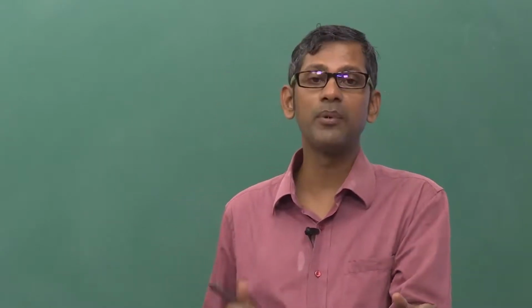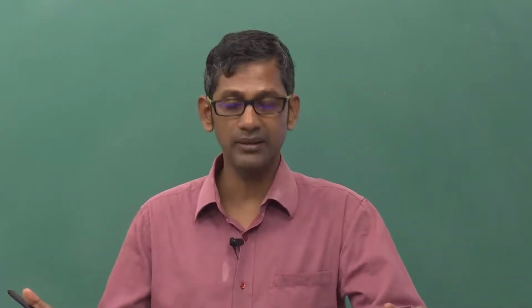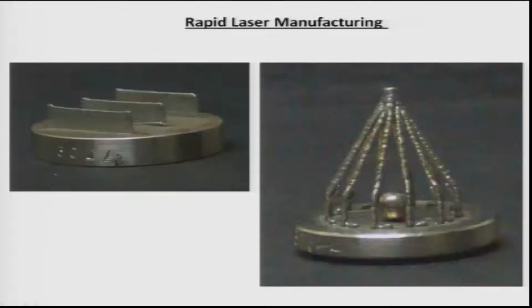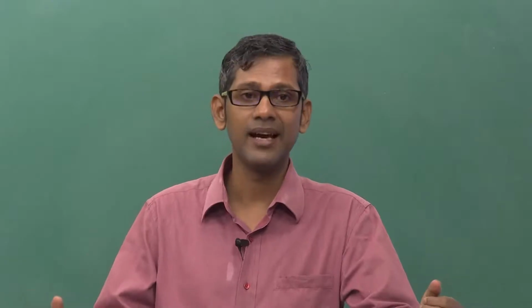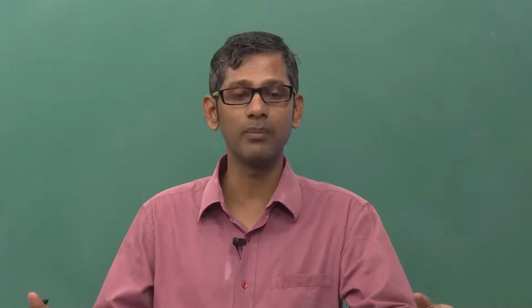Another important industrial process which is coming up nowadays is additive manufacturing, or rapid laser manufacturing. If you want to produce an object and see whether it's possible to have a particular shape and whether it has market need or not, normally rapid prototyping is used. Rapid prototyping is just a routine technique nowadays for any object, whether you are wearing a shoe or goggles, it's rapidly prototyped first and sent to the market, and then based on the market feedback mass scale production is done.